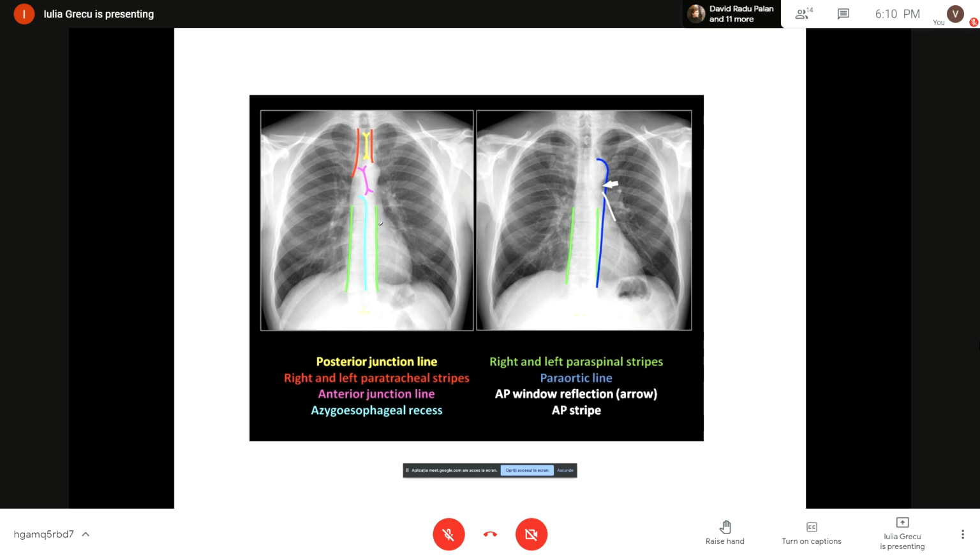The same if we have a tumor that develops somewhere in the intervertebral space, like a neurogenic tumor, for example, it will determine an opacity that will move the paraspinal stripe towards the lung and will enlarge this space. So these lines are useful in assessing pathology underlying in the mediastinum.